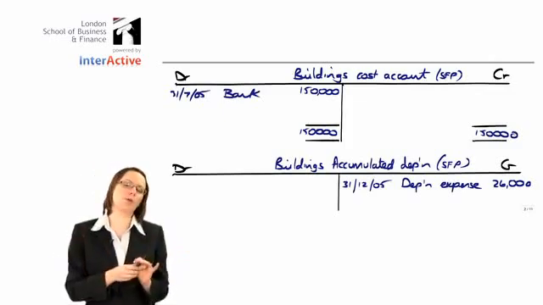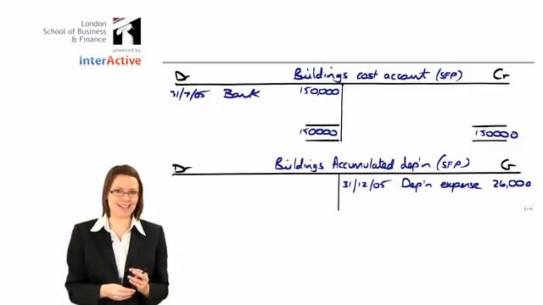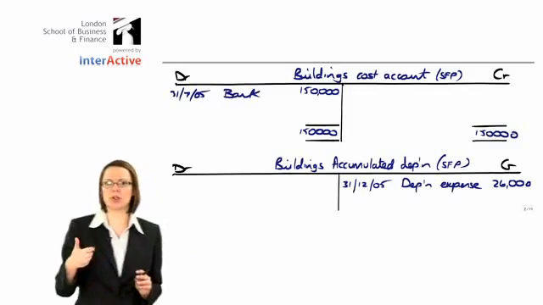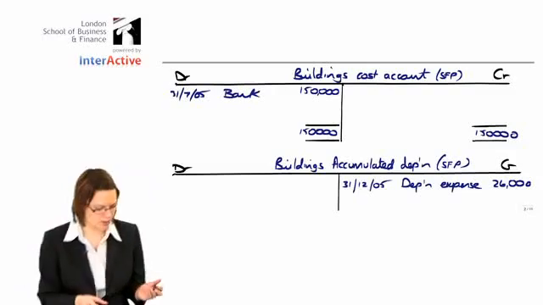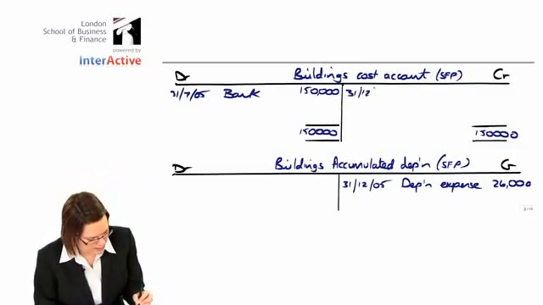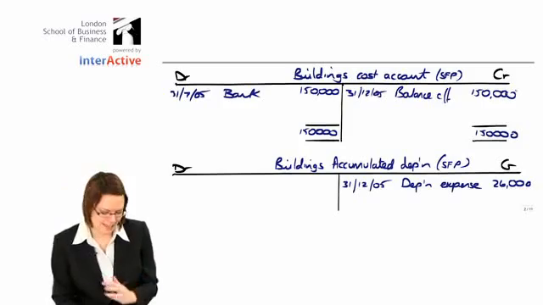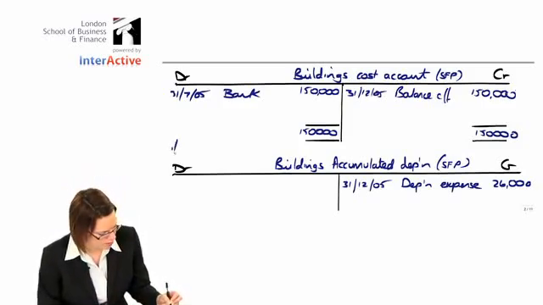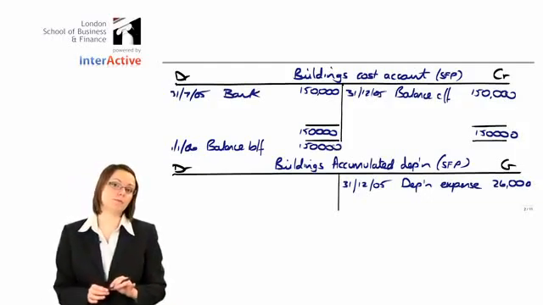You're going to close it and open it because at the start of next year you will have a building there as an asset. So what we're going to adopt here is a traditional carry forward and bring forward as normal. So at the 31st of December 05, balance carried forward 150 as an asset, and then on the 1st of January 06, we're going to have a balance brought forward of 150.